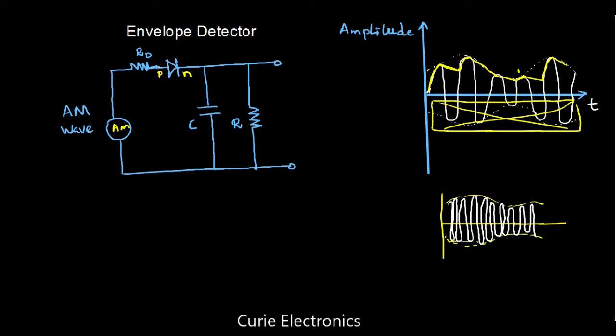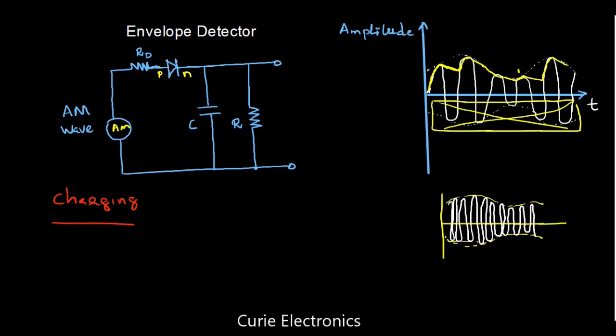Now, while choosing these components we have to be careful. The charging and discharging period of this capacitor is very important. First let us consider the charging. How does the capacitor get charged?